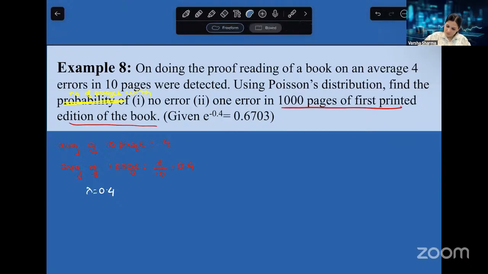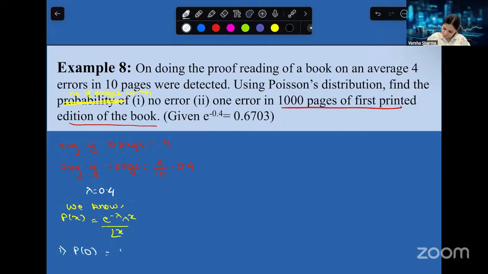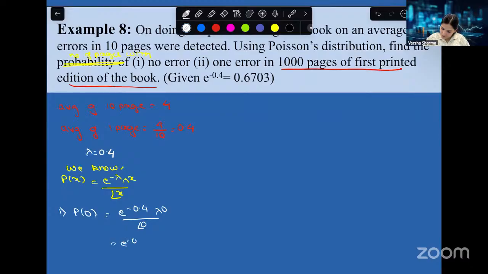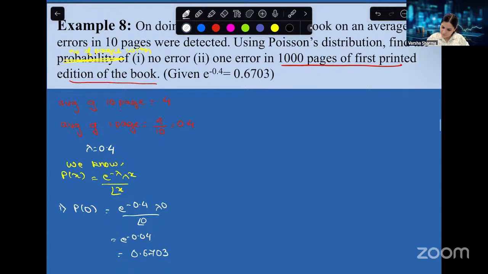So we have to find number with no error, that is P of 0. e power minus 0.4, that is 0.6703.